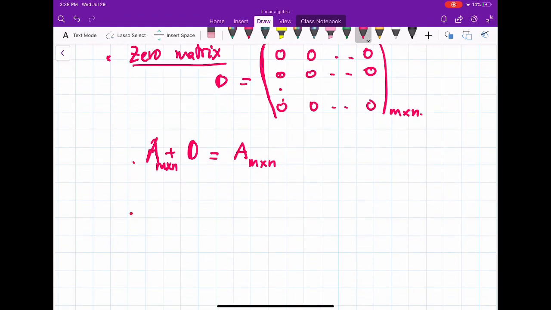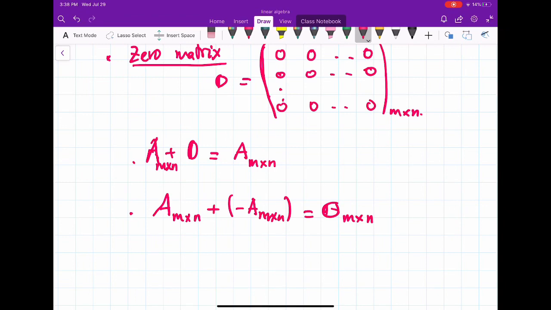And thanks to scalar multiplication or even addition, any matrix has an additive inverse. So that means if you have matrix A, then there exists another matrix which is negative A, n by n, such that the sum of these two matrices is zero. I write zero of the size n by n.